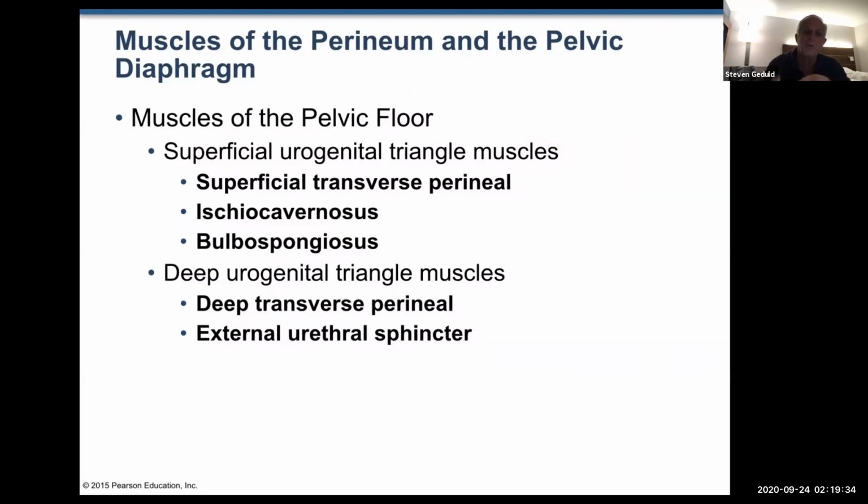Then you've got deep urogenital triangle muscles: the deep transverse perineal instead of the superficial, and the external urethral sphincter. Now with the urethral sphincter, you have an internal and external. The external sphincter muscles are under voluntary control. The internal ones are not; they're under autonomic muscle control. So these are under voluntary control.